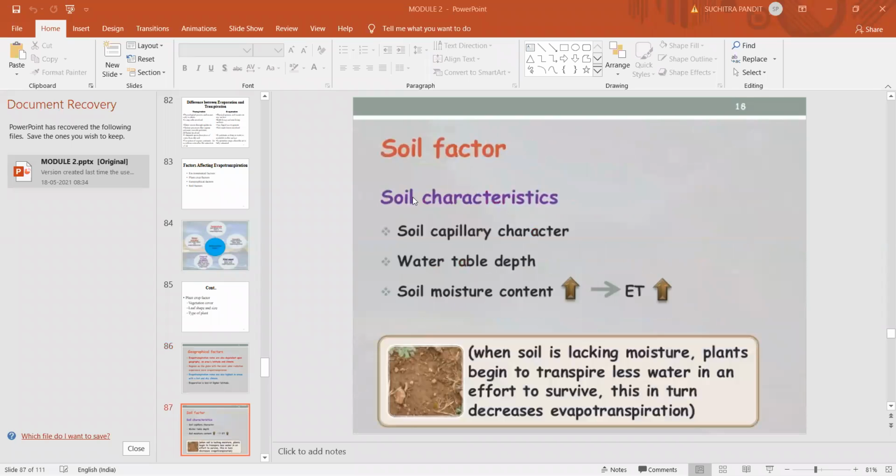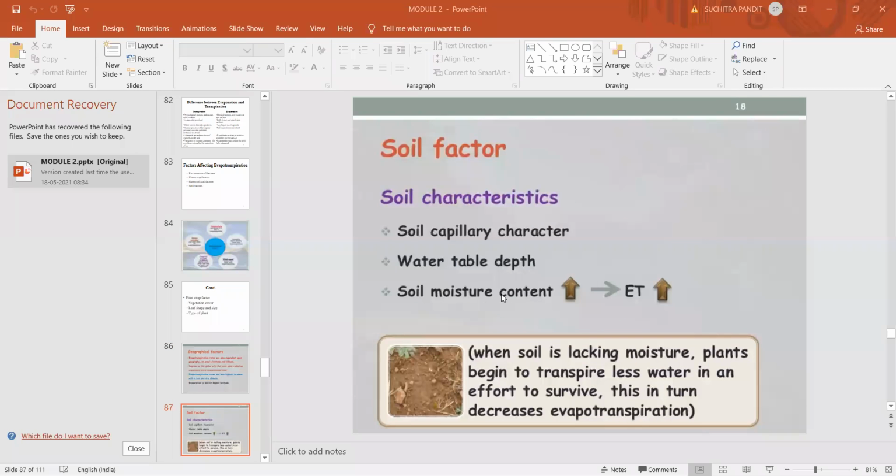Next is the soil factor, the soil characteristics, soil capillary characteristics, that is the hydraulic conductivity, and the water table depth, that is, the depth of water below the ground surface. If the water table is very near to the ground surface, then obviously the evaporation loss will be high.